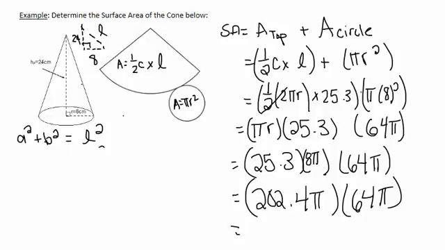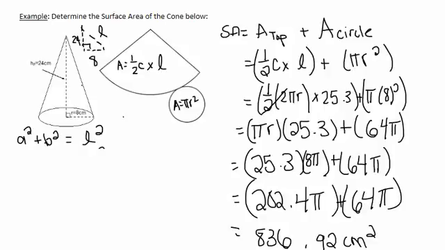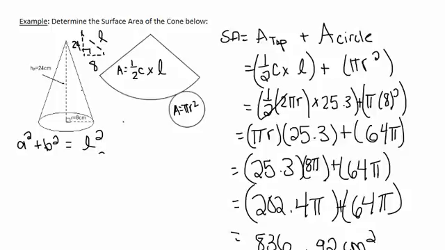I want to make one correction. I should have a plus sign in here. I just forgot to carry it through. So finally, 202.4 pi plus 64 pi gets us to our final answer. 836.92 centimeters squared is the surface area for the cone below. And that concludes part 2 of Unit 4, Day 5.